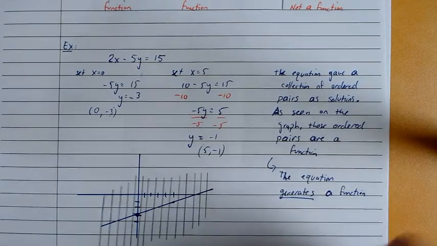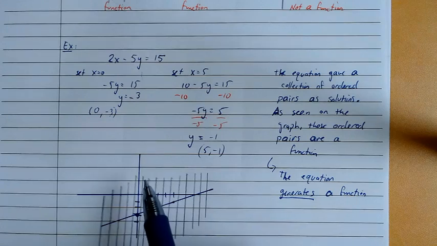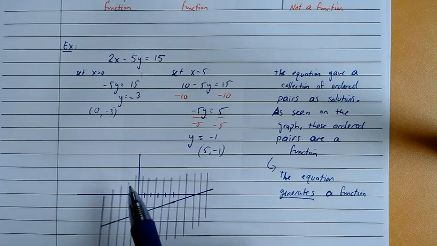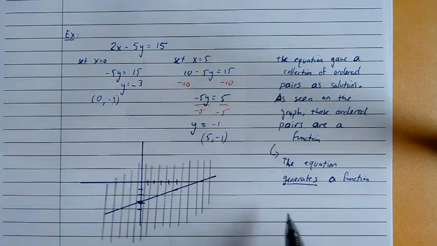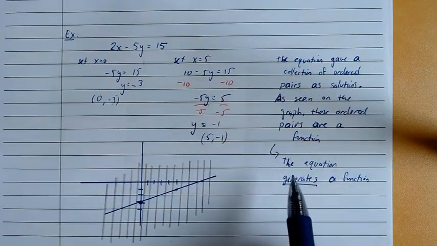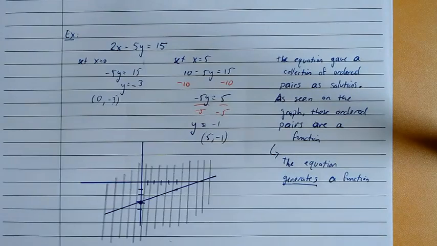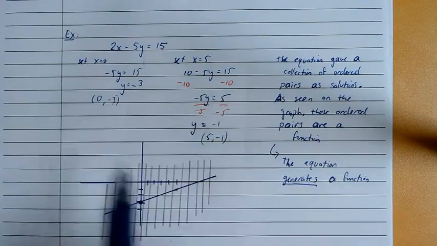You can't really say the equation is a function because an equation is not a function. A function is a set of ordered pairs. But the solutions to that equation are a function. Right? So instead of saying all of this stuff, we just abbreviate it by saying this generates a function. And that means the same as all of this other stuff does.